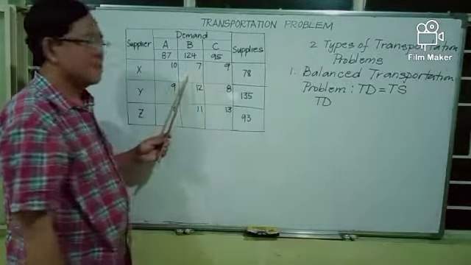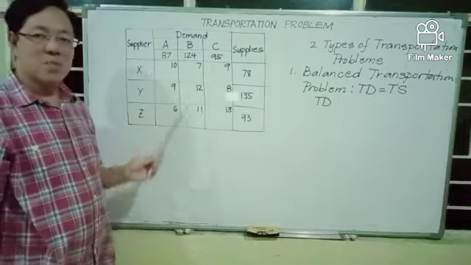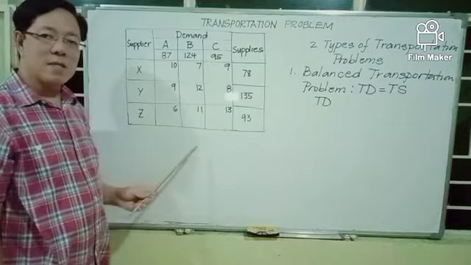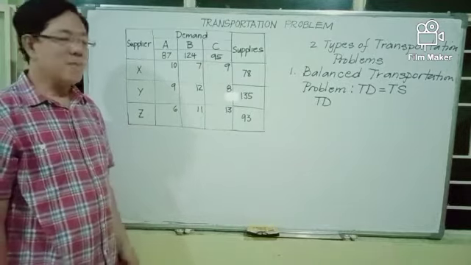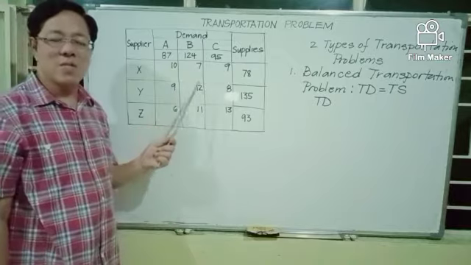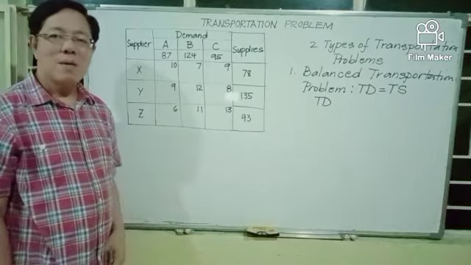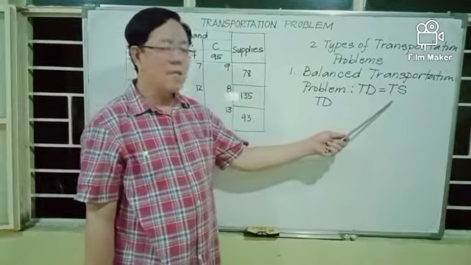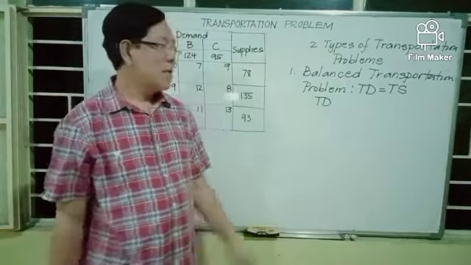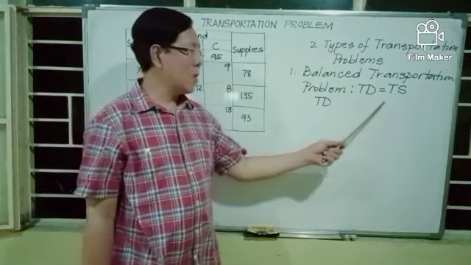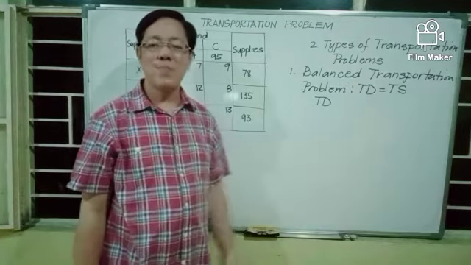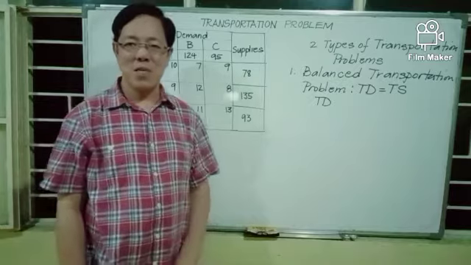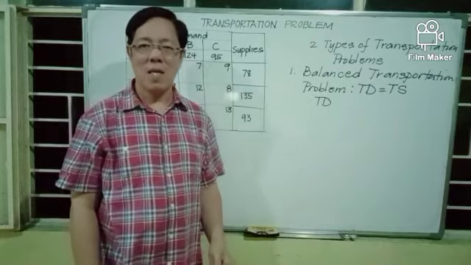In our example of a transportation problem presented in this table, let us check if this is a balanced transportation problem by getting the total demand and getting the total supply. If the total demand is equal to the total supply, then the given transportation problem is balanced.